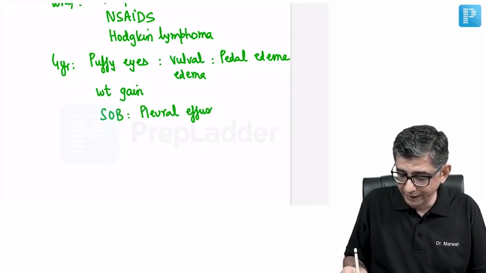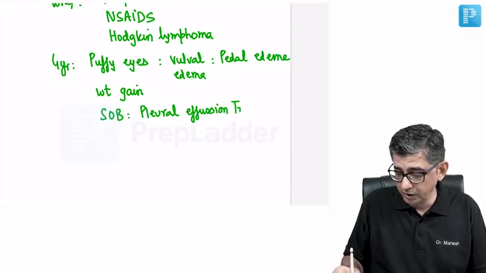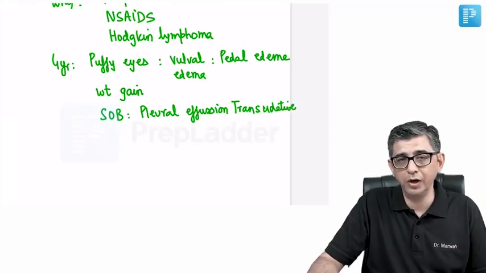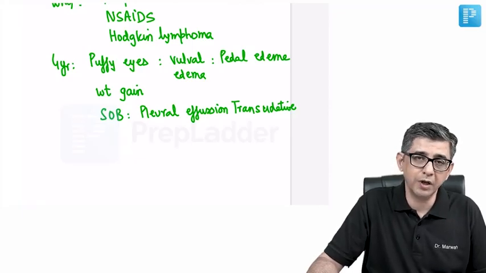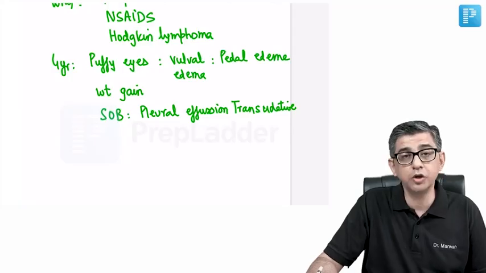We always read about Light's criteria whenever pleural effusion comes up. In the subsequent part, when I talk about lungs, I will speak regarding Light's criteria as well. But at the moment, the only message is that this transudative bilateral pleural effusion, which causes bilateral costophrenic angle blunting, is going to explain the shortness of breath.